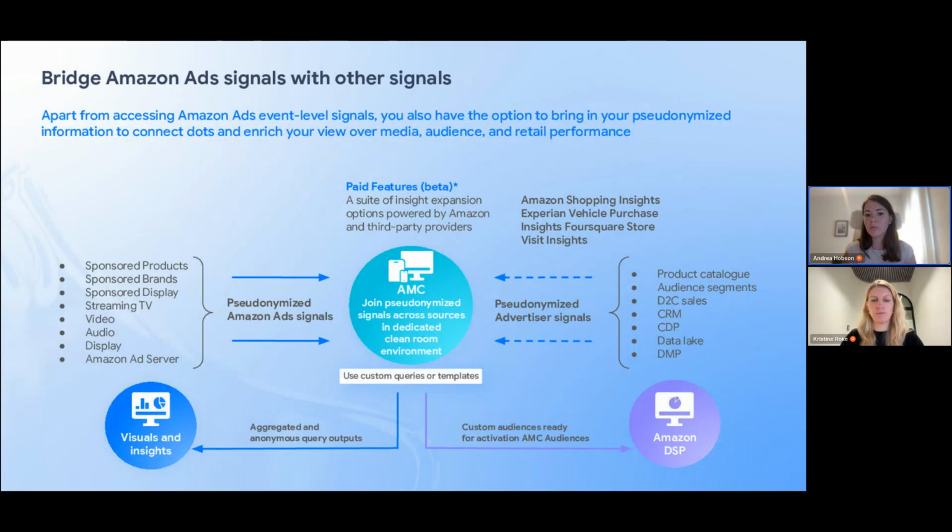Advertisers can bring in their data, such as CRM, CDPs, DMPs, and internal data lakes, and within the AMC clean room environment, these external signals are joined with Amazon's data while remaining fully privacy safe.